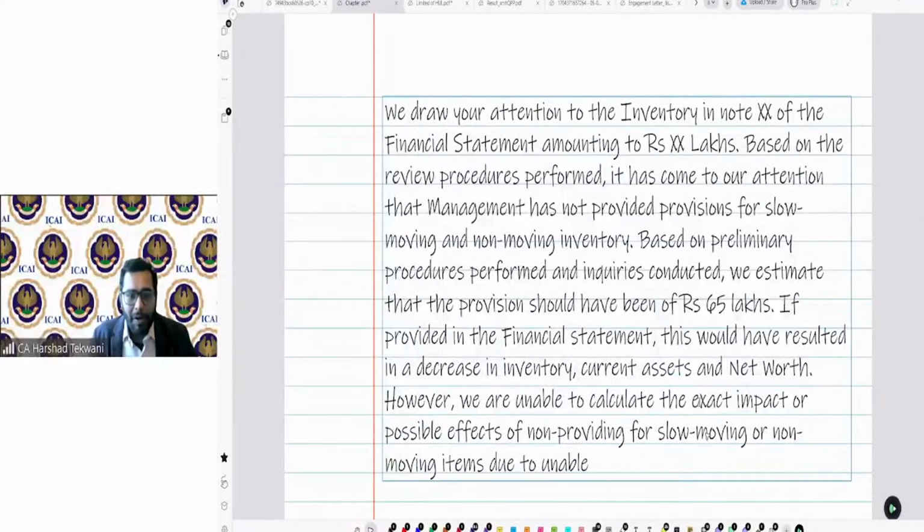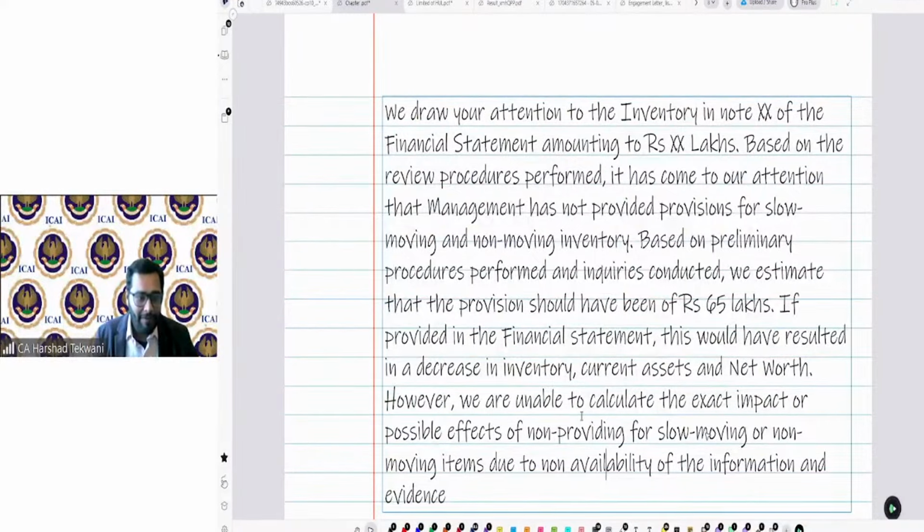However, we are unable to calculate the exact impact or the possible effect of non-providing for slow-moving or non-moving items due to non-availability of the information and evidence on account of limitation imposed by the management.